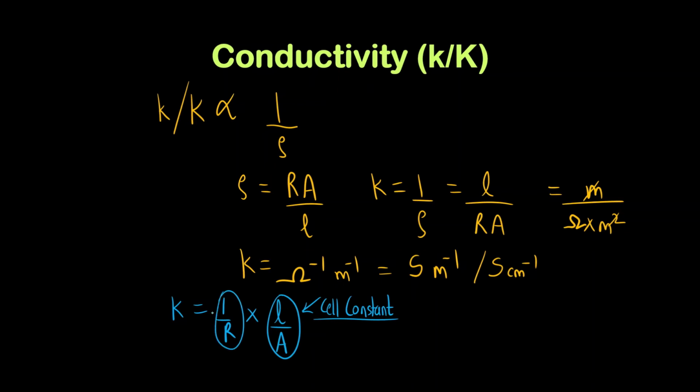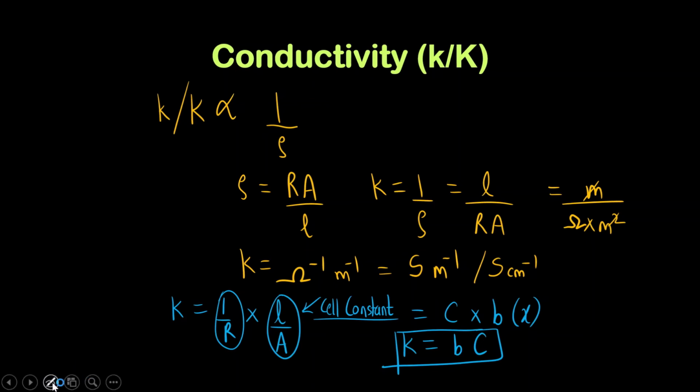And 1 by R is called conductance. So conductivity is conductance into cell constant, sometimes denoted by C or B, or sometimes written as X. This is another formula of conductivity. So the main unit here is Siemens per meter.